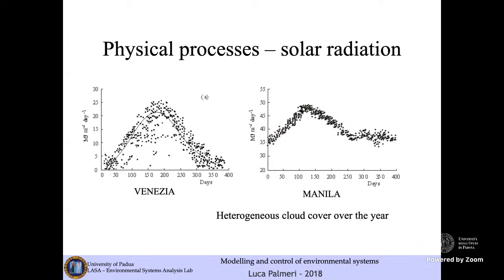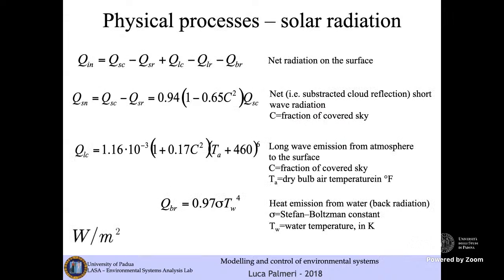Then we can include the effect of clouds by subdividing the contribution to this total into net solar radiation in the short wave and in the long wave, subtracting the cloud effect due to the cloud covering.